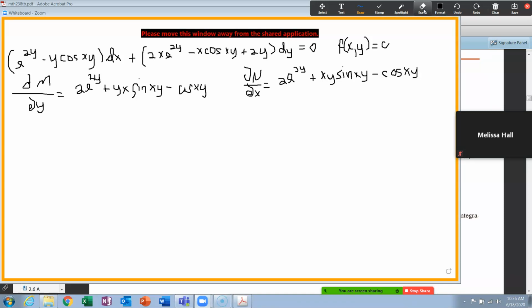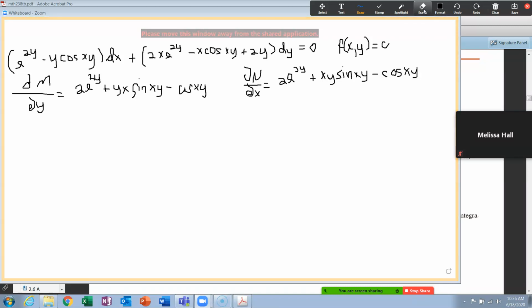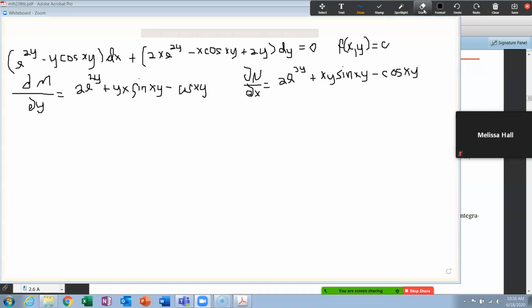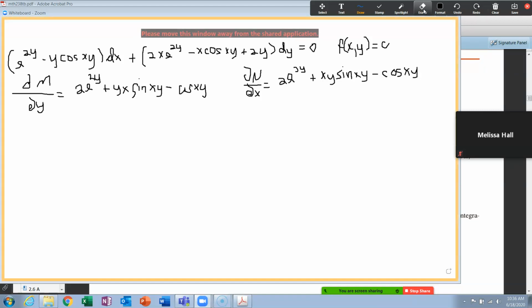So let's proceed. Now, the question is, which one of these do we go with? And I really don't think it matters too much. Let me look ahead in the book and see if it matters. They start with the second one, and they make it sound like it's just random.